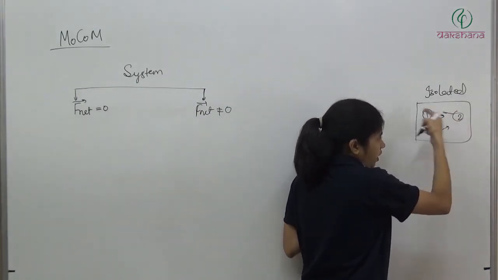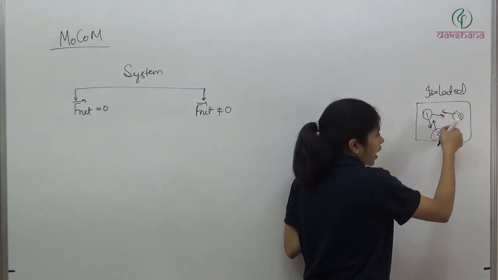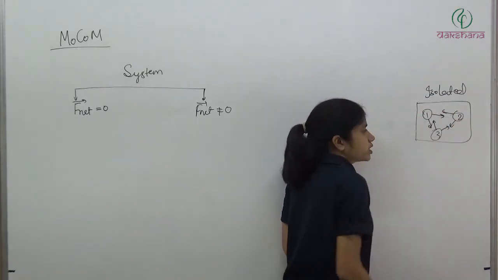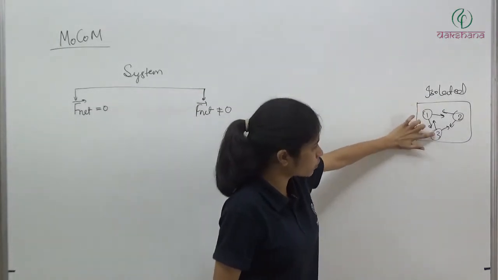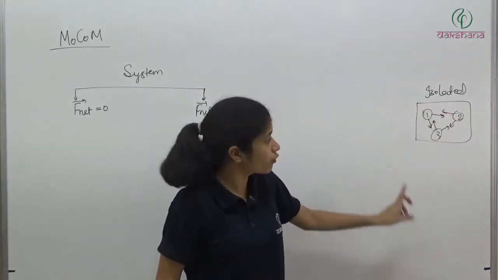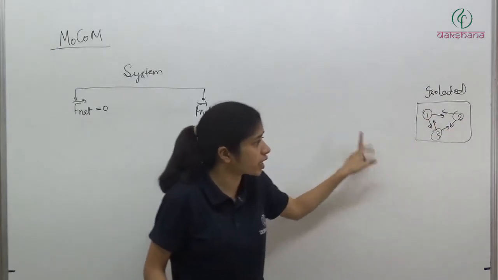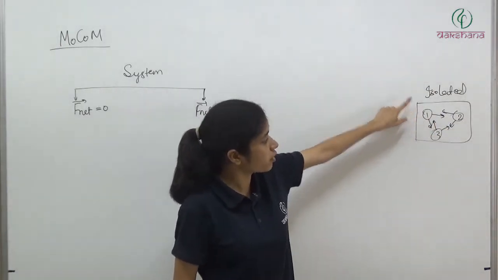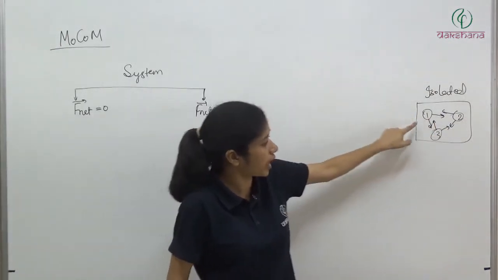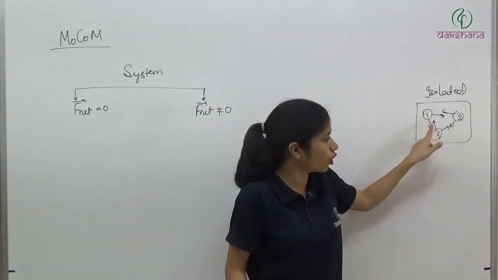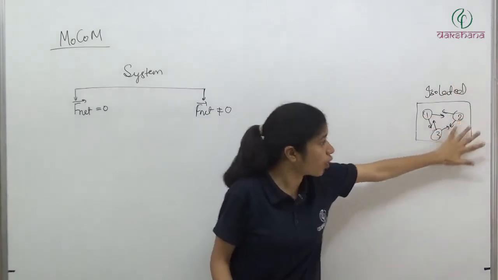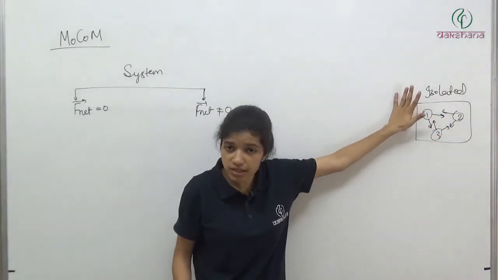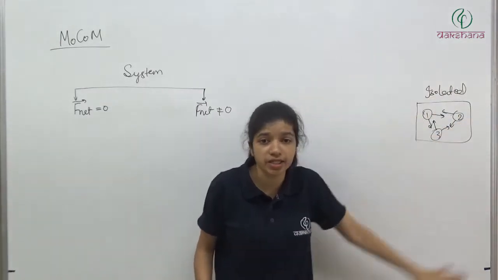This one is attracting 2 towards itself and 3 is attracting 2 towards itself. Clear? So now we have net force on this, net force on this, net force on this. But if you see from outside, we are not applying any external force. There is no external force from external agent on A or on 1 or 2 or 3. So if you see from outside, the net force on this system is 0. We are not applying any external force.